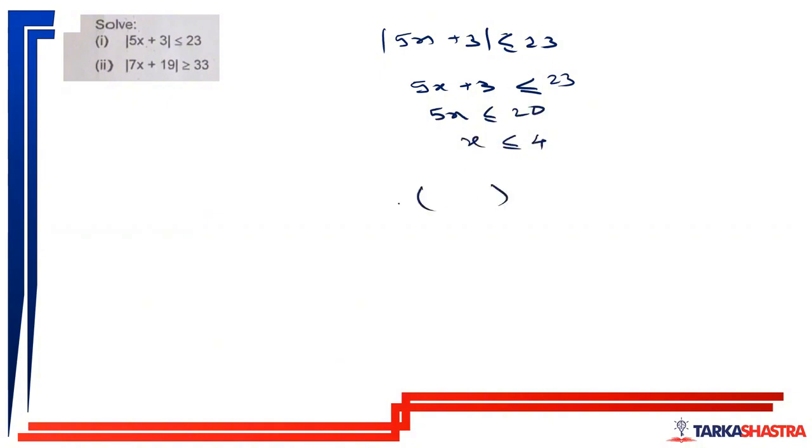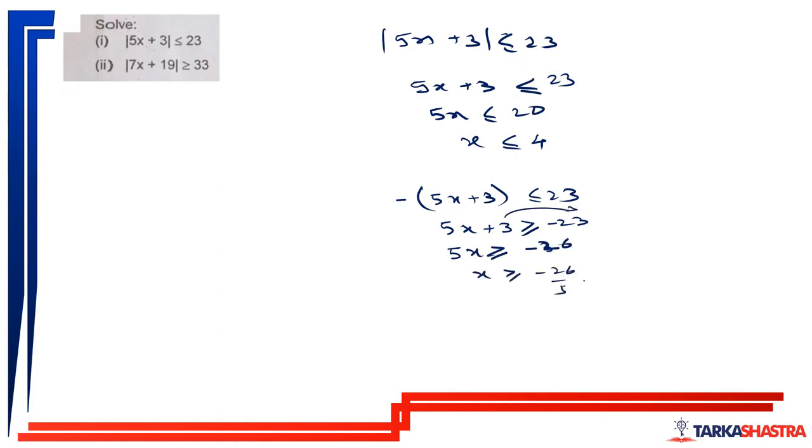Or the other way it can be opened as minus of 5x plus 3 less than or equal to 23. If I multiply by minus 1, I get 5x plus 3 and this becomes minus 23, and the inequality will change its nature and become greater than or equal to. So 5x is greater than or equal to minus 26, which will give me x greater than or equal to minus 26 by 5.